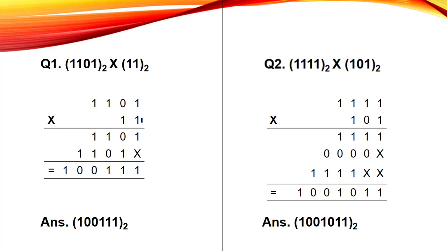So first we multiply this 1 by 1, result will be 1. Then you multiply this 1 and the 0, result will be 0. Then you multiply this 1 with this 1, result will be 1. And then you multiply this 1 with this particular 1, and the result will be 1. Fine. Similarly, when you do the second step, or when you multiply with this one, you have to put a cross over here, because this 1 is a digit of the tens place in general.